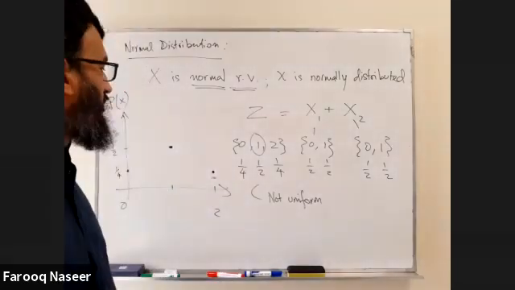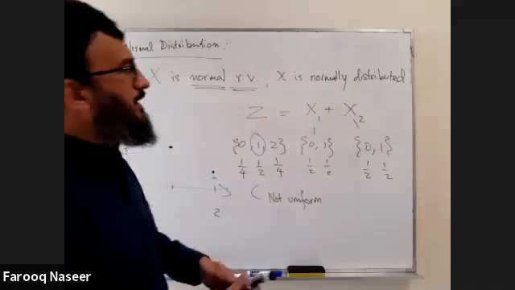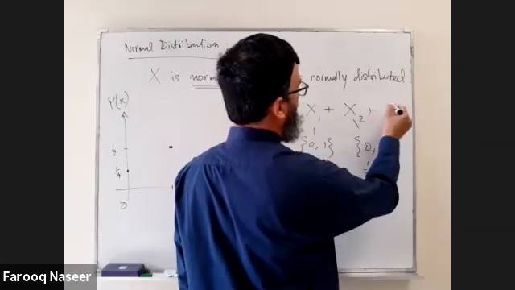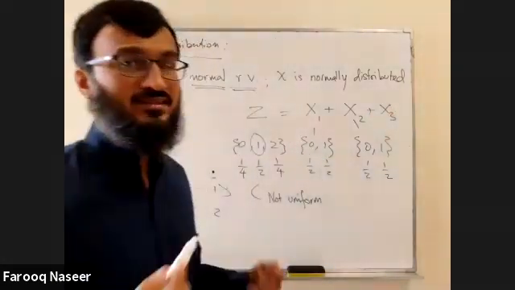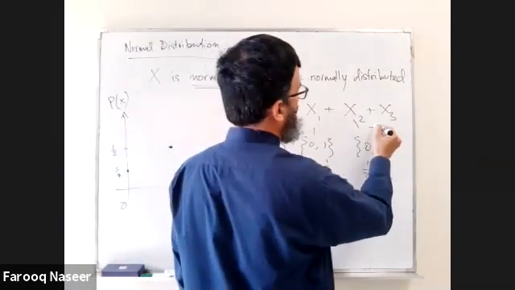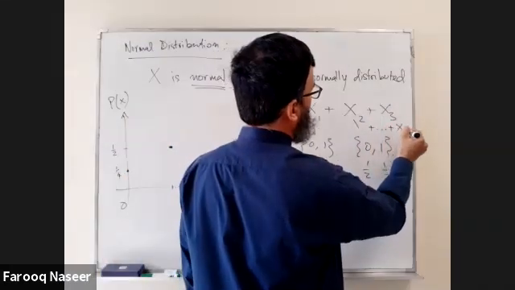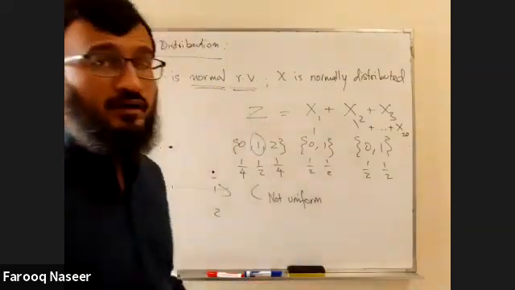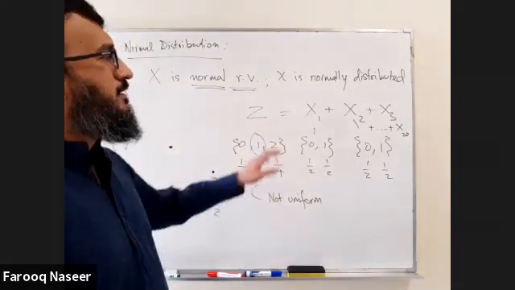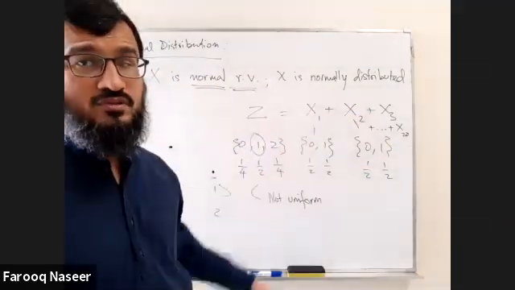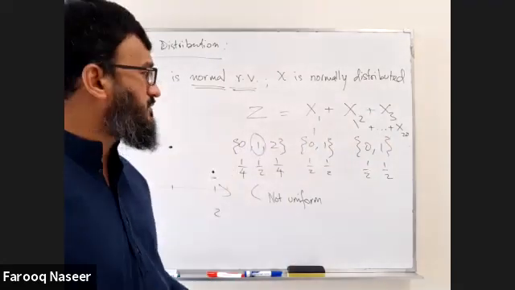And if you keep on adding more coin toss variables, आप coin को toss करते जाएं multiple times, and you add each random variable. Let's say you do it 20 times. So Z is the sum of those 20 coin toss outcomes.